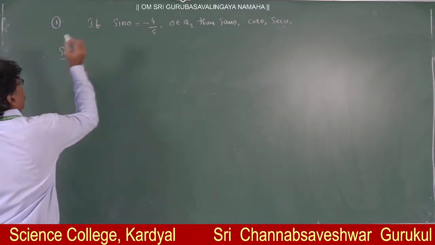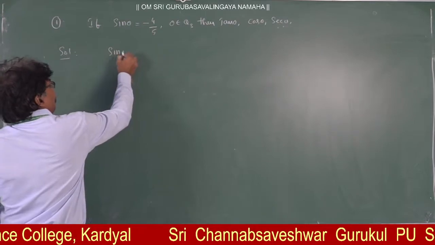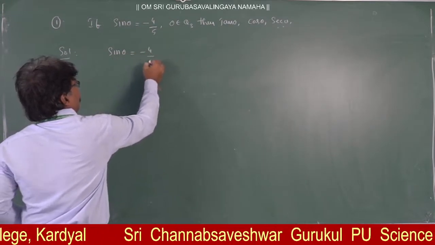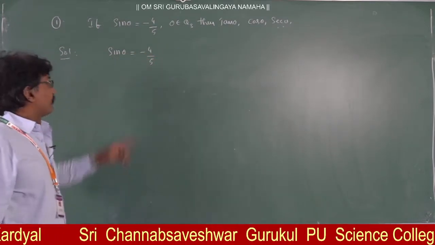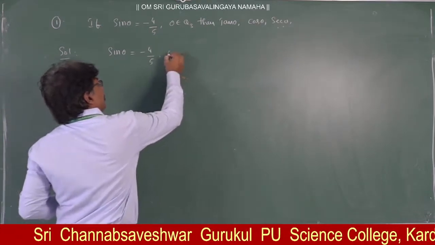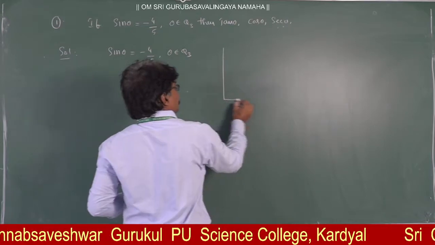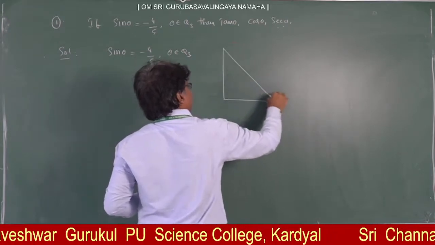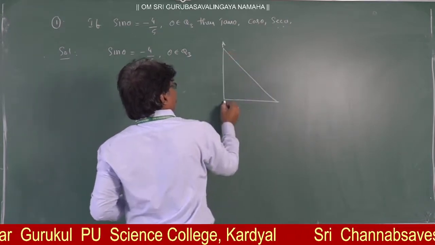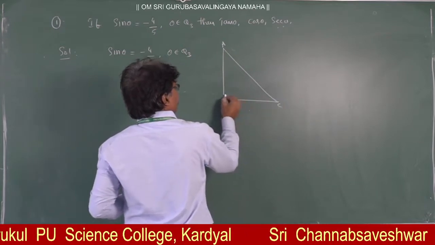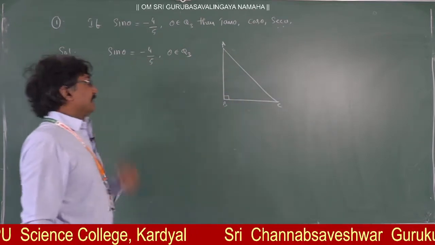Sin theta is equal to minus 4 by 5, theta belongs to third quadrant. So how to find the values? Just by using right angle triangle ABC, where angle B is equal to 90 degrees.